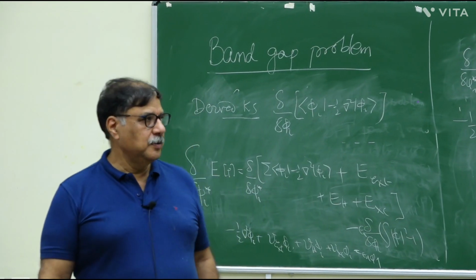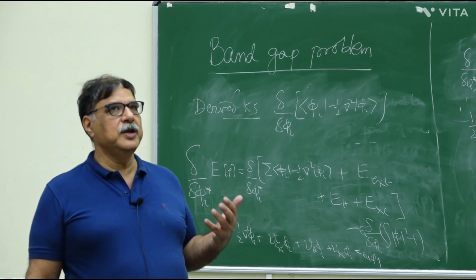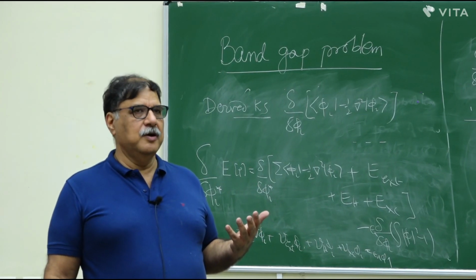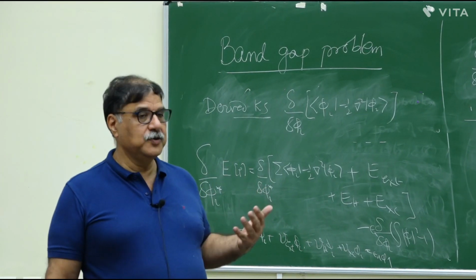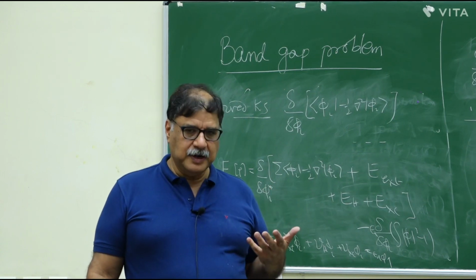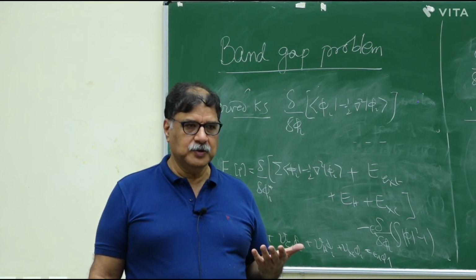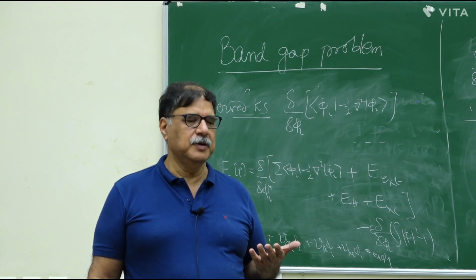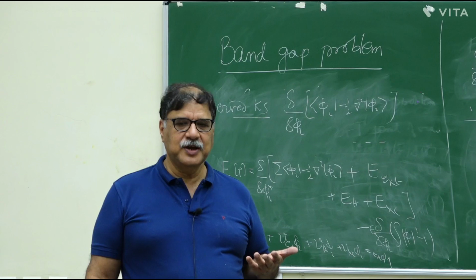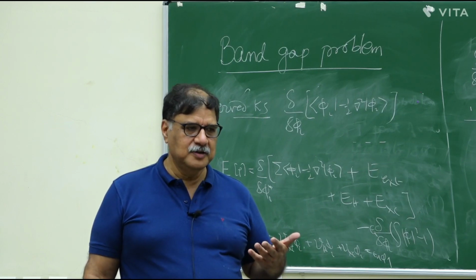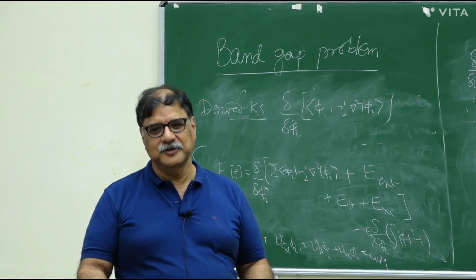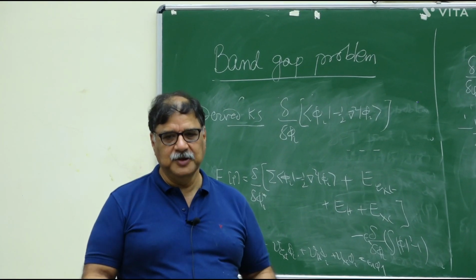Why generalized? Because Kohn-Sham is a purely local potential, not an orbital dependent potential. That's why I said I'll justify it later. You can always derive a Kohn-Sham density functional scheme where you make the potentials of the functionals orbital dependent. Then you get a Kohn-Sham which is not just one potential, but different potentials. That's known as generalized. The spirit is Kohn-Sham like within DFT.